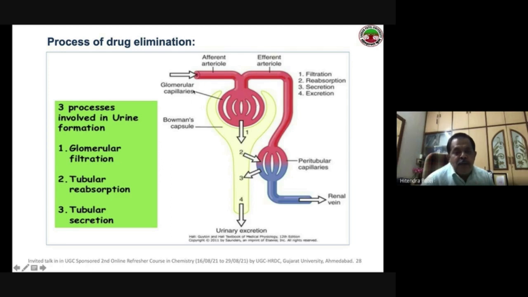Here you can see the main important compartments. I am talking about the glomerular capillaries shown here, and the Bowman capsule.